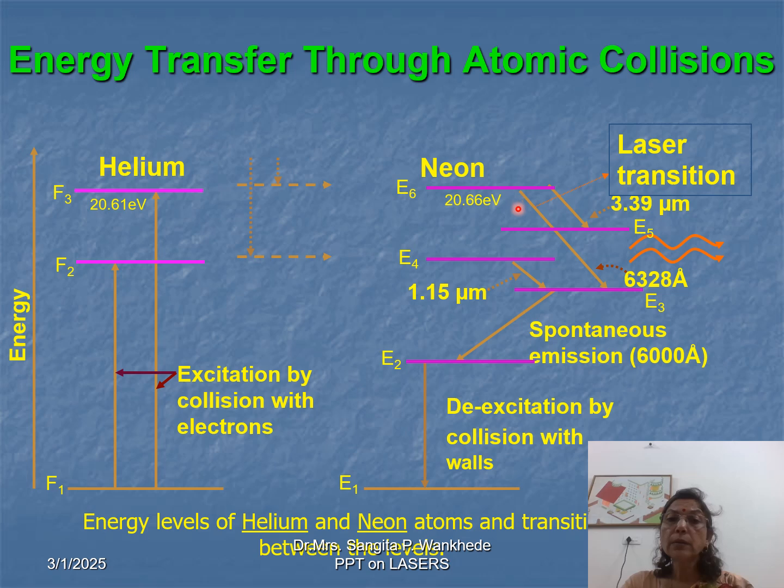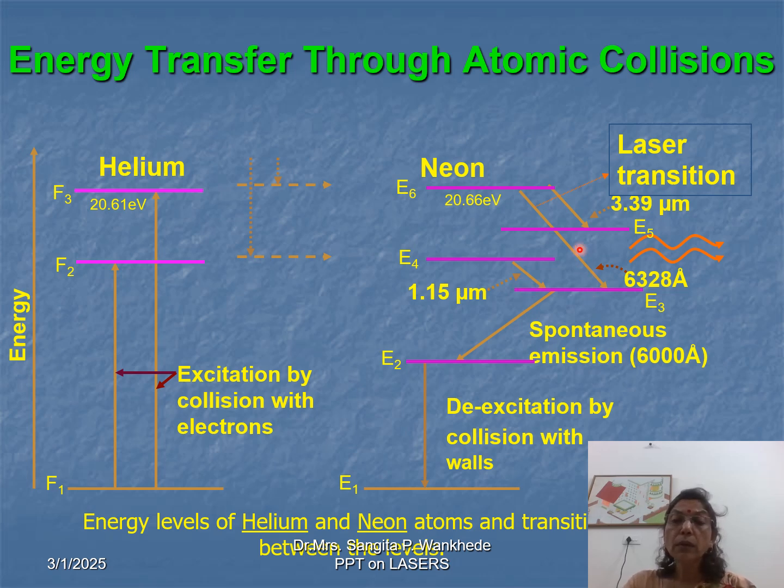In the lasing transition between E6 and E3, a laser beam of 6,328 angstrom is emitted. And between E4 and E3, a 11,500 angstrom laser beam comes out.